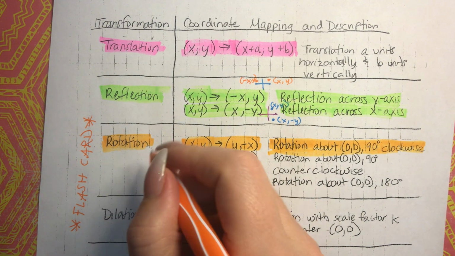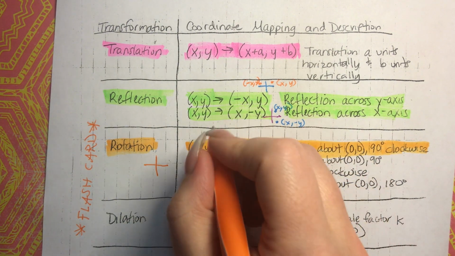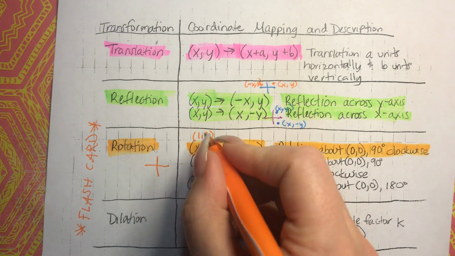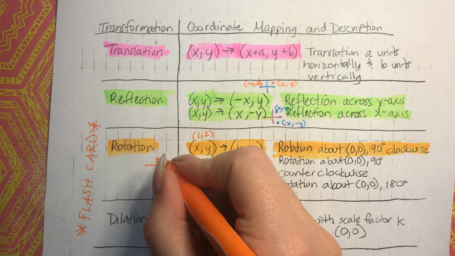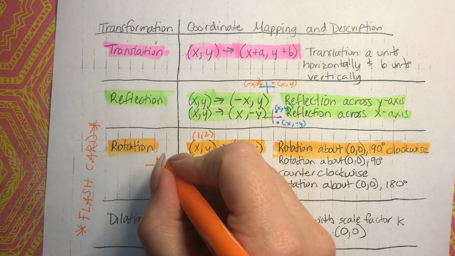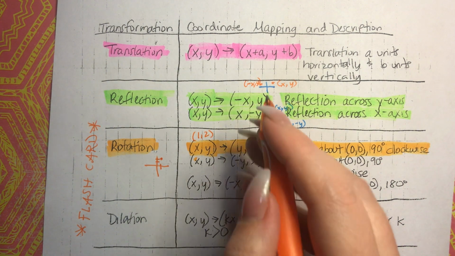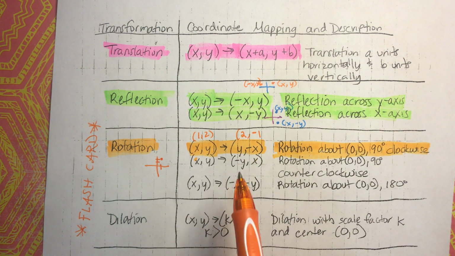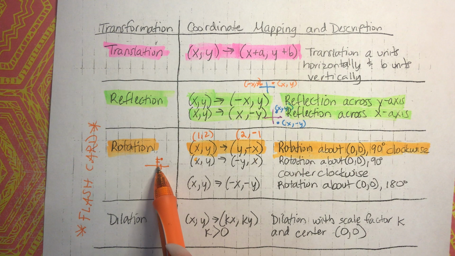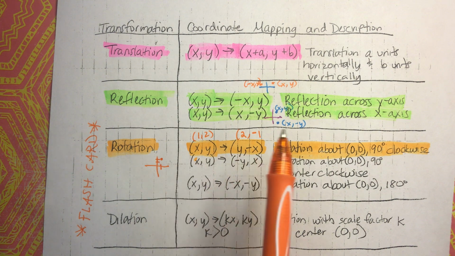So if I was to look at this one, I think it is better if we actually call XY a point. So let's say I call it 1, 2. So I have 1, 2, and that's my point. And then it rotates, which means the Y becomes first, so 2, and then this becomes negative. Did I do that right?